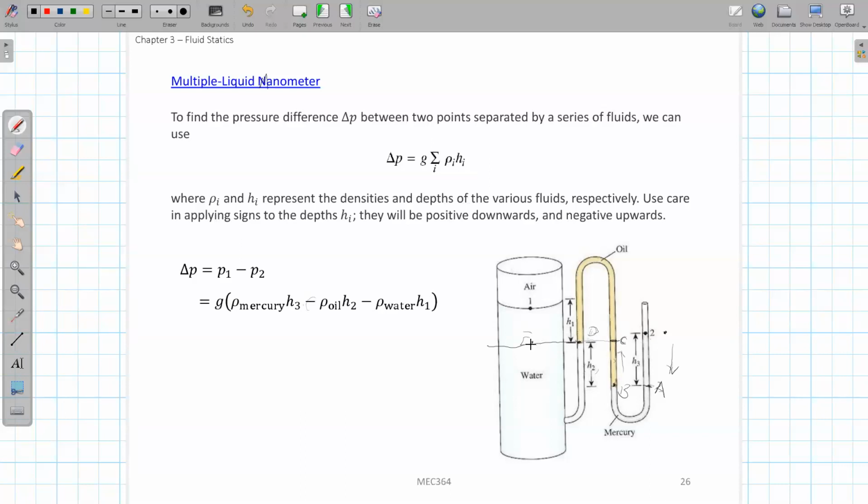At point E you need to go up again to reach point 1, so you add a negative sign, times rho water, because this is water, times H1.